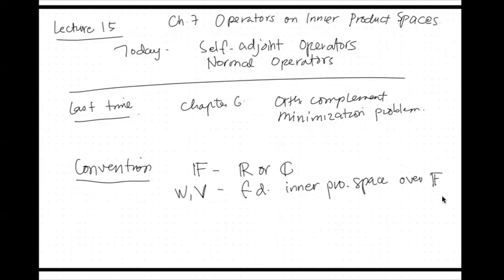Now let's start with the first topic for today, which is self-adjoint operators and normal operators. Let's begin by defining normal and self-adjoint operators. But first, we need to define what an adjoint is.